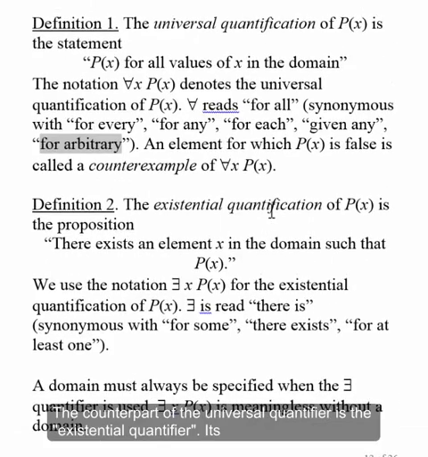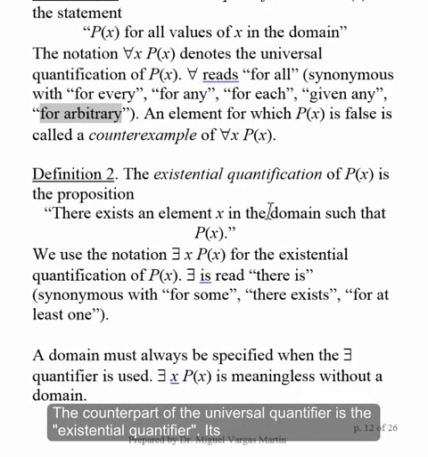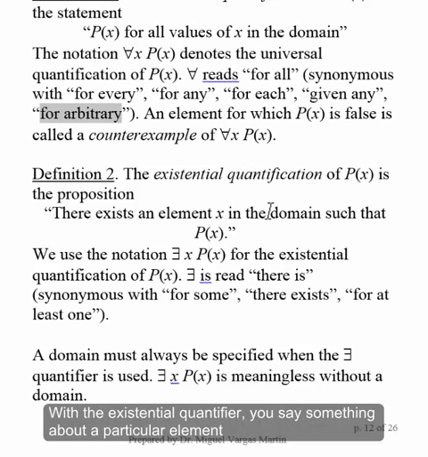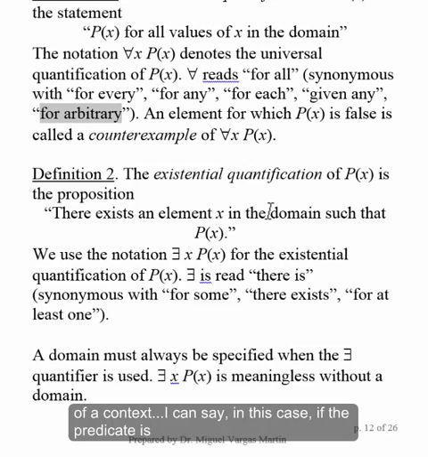The counterpart of the universal quantifier is the existential quantifier. With the universal quantifier, you say something about everything within that context. With the existential quantifier, you say something about a particular element that belongs to this context.